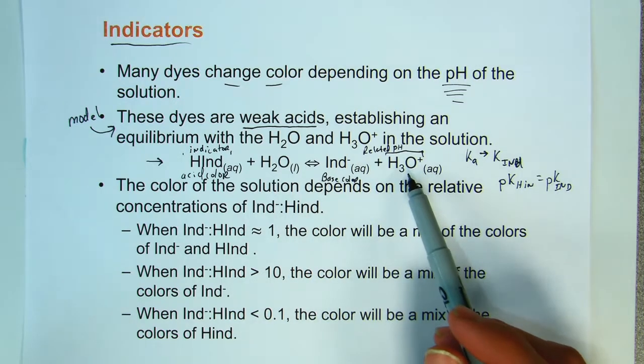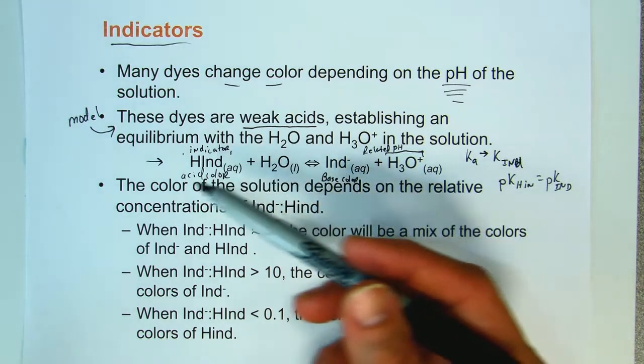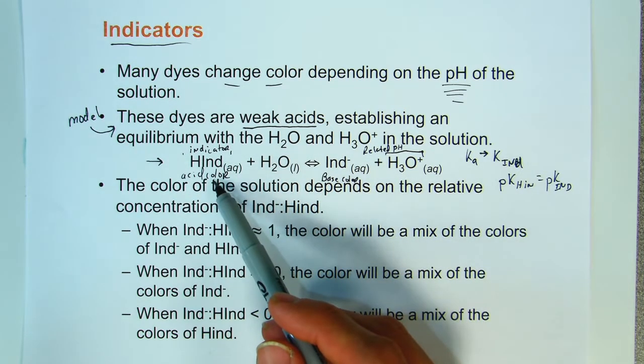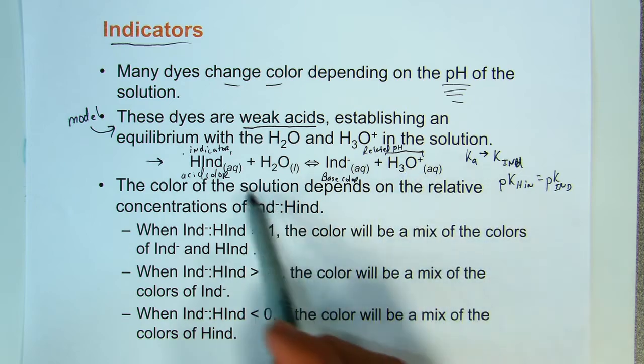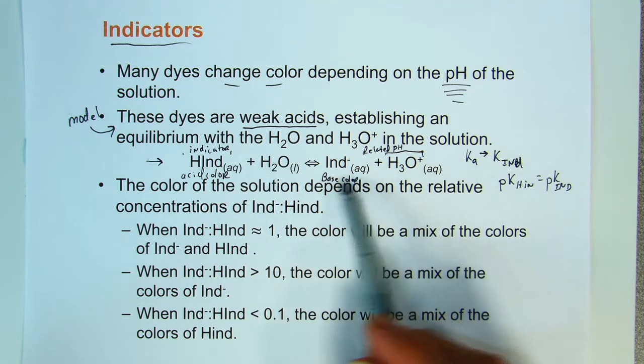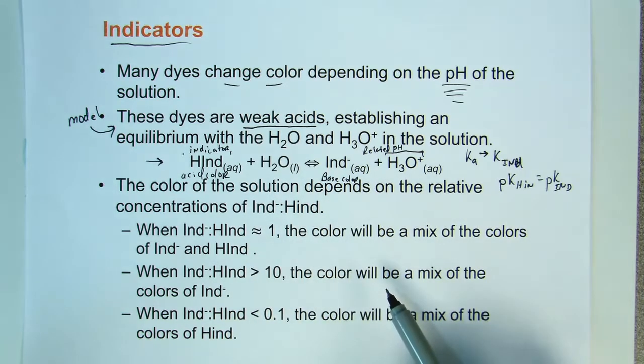So, if we go to a very low pH and have a lot of H3O+ present, we force the equilibrium to the left, to the acid color. But if we go to a high pH, we force it to the right, to the base color, and that's why it changes color, because we force this equilibrium back or forth. Okay.